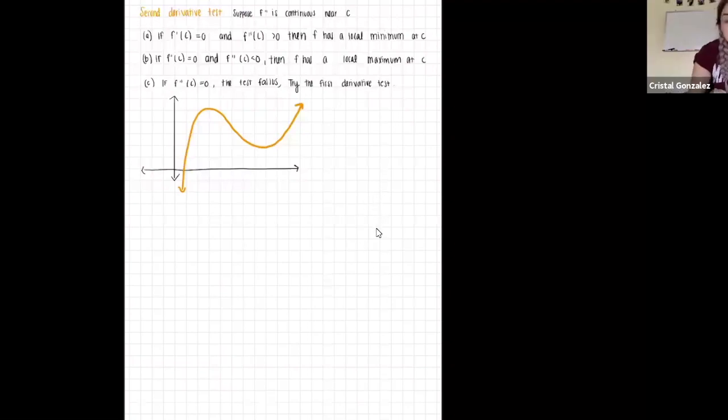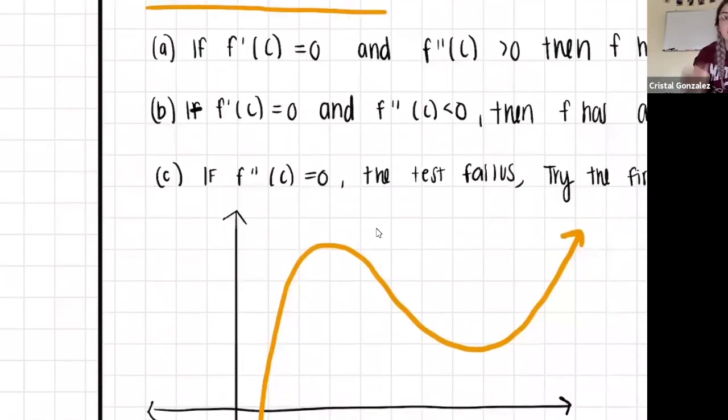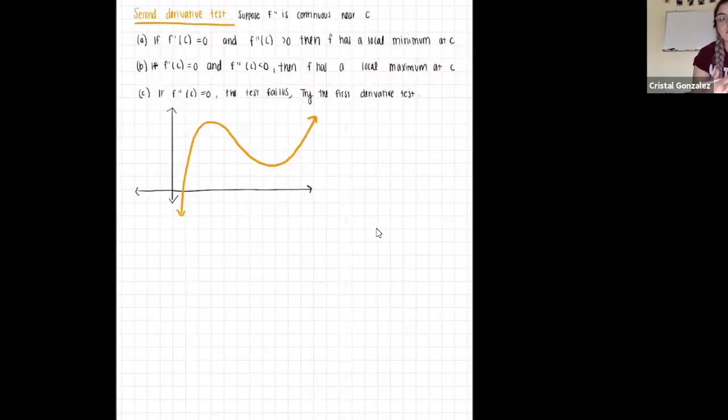Okay, so now we're going to talk about what's called the second derivative test. The second derivative test tells us about the minimums and maximums of our function. I know that we use the second derivative to test for concavity in what we learned just a few seconds ago, but for this case, we can also use the second derivative to find our mins and maxes.